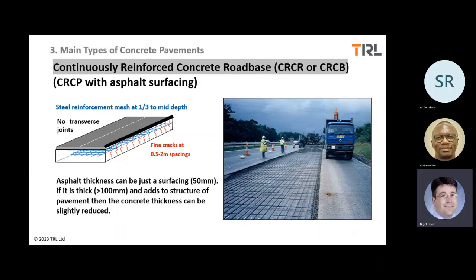Now, another variation is CRCB, continuously reinforced concrete base or road base. So it's the same pavement, but with an asphalt surfacing on it. Normally, it's just about 50 millimeters thick. But if you put thicker asphalt on, more than 100 millimeters, you could say that adds to the structure of the pavement, and then your concrete thickness can be slightly reduced.